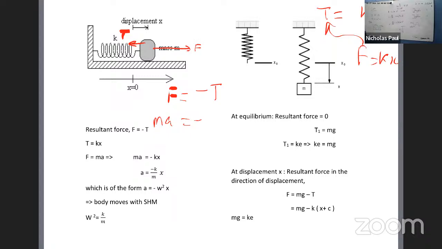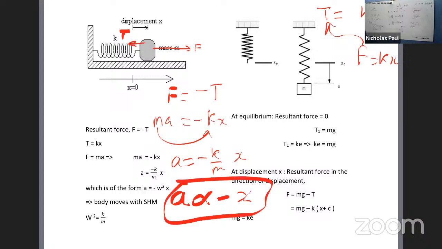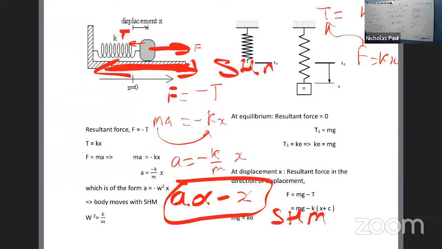So if I substitute here, carry across the m, I'll get a is equal to minus K/m x. What does that show, Saraya? It shows that a is proportional to minus x. So it shows simple harmonic motion. So if I displace this, it would oscillate with simple harmonic motion.